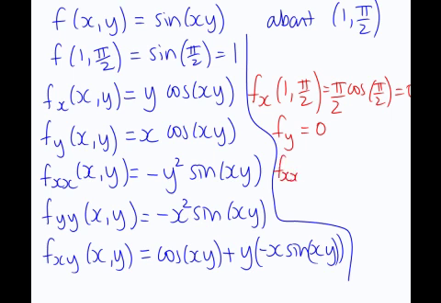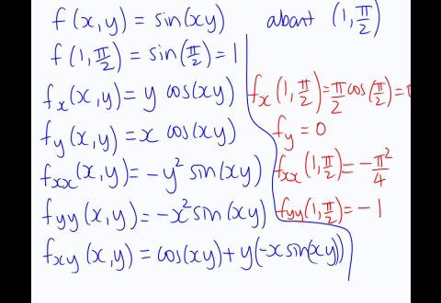The second derivative with respect to x, when I evaluate it, is going to be minus y squared times sine of pi by 2, which is just 1. So I get minus pi squared over 4. And similarly for this one, when I evaluate it, I'm just going to get a minus 1. And finally for the mixed derivative, which I'll squeeze in here, I'm going to get minus pi by 2.